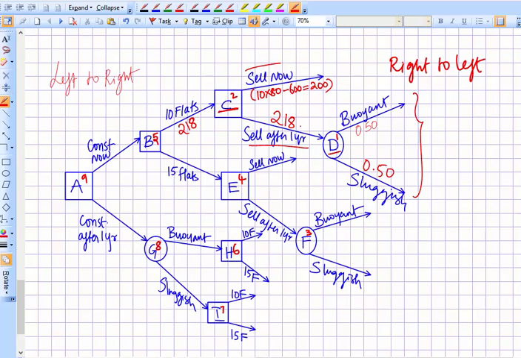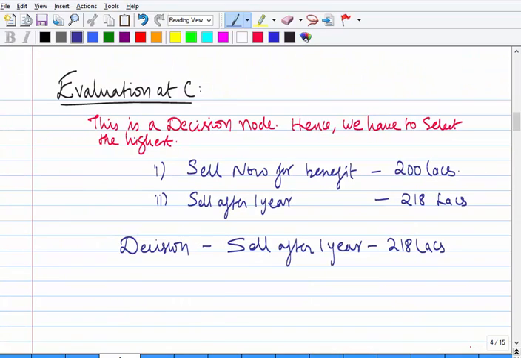Now it's time for us to do the evaluation at F. And probably if you have noticed, I have done the evaluation at D, then I have done the evaluation at C. Now I am going to the third one, evaluation at F, and that is basically a chance node where you don't have choices, you have to accept.